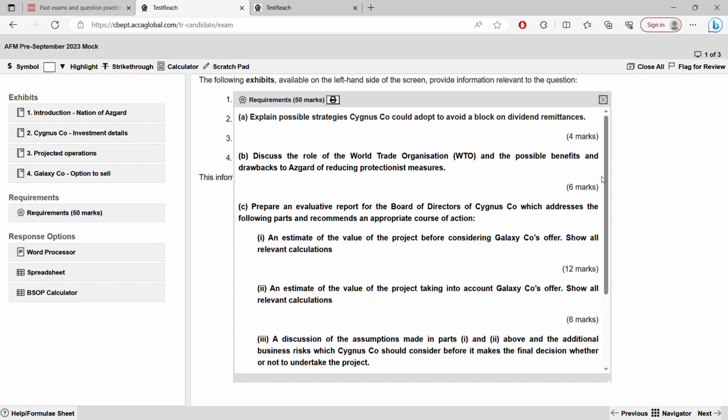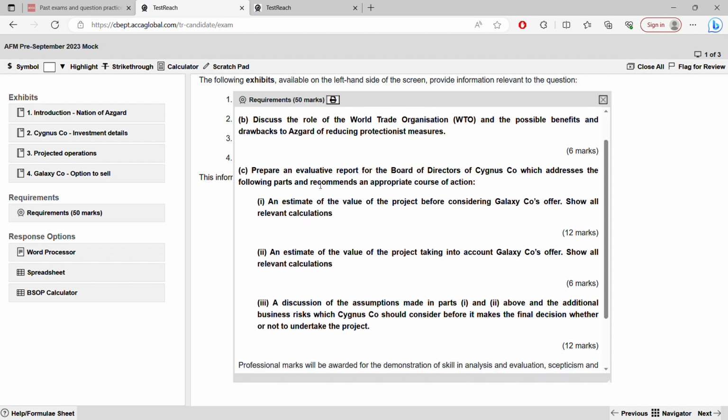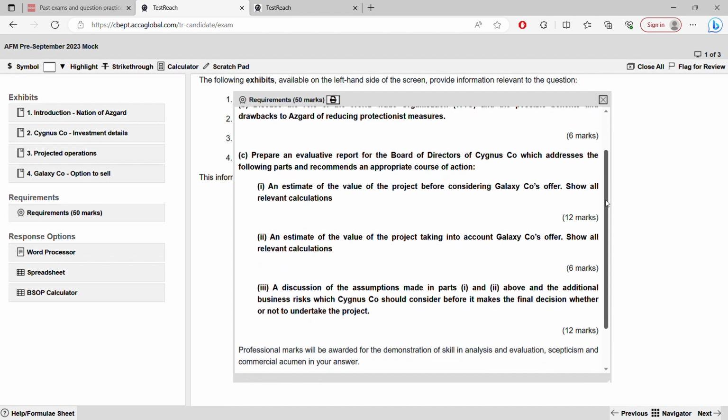And C, you need to prepare a report for the board of directors discussing these 3 parts. This is 12 marks. It's calculation. Even this one is calculation. The first 2 are calculations, the third you have to write a report. Here, the first one: before you consider the Galaxy Course offer, you have to value the project.